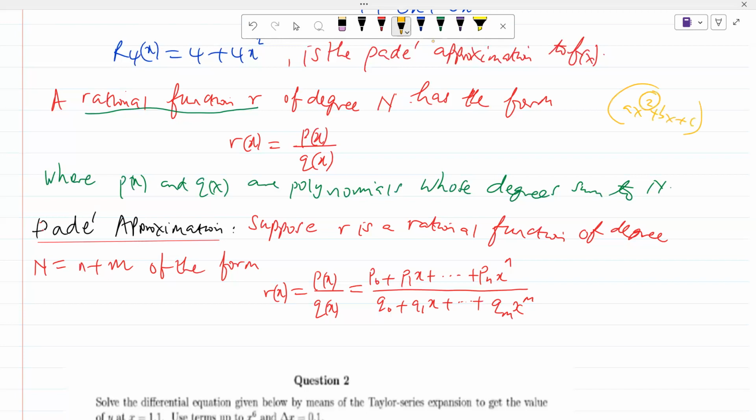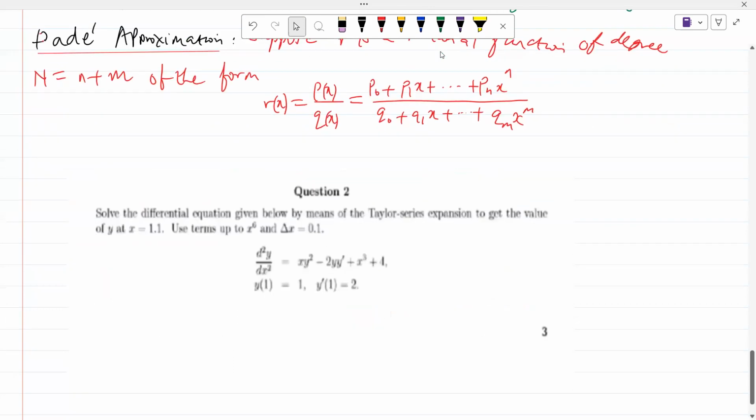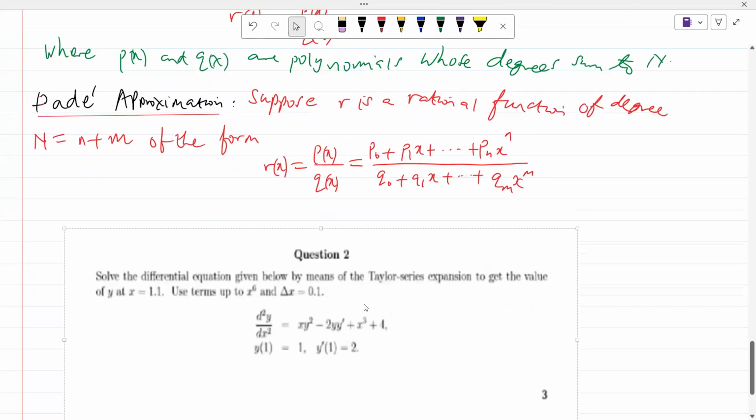But here, the degree of a rational function is n, the sum of the degrees. So suppose R is a rational function of degree N, where it's the sum of the small n and small m. That is the case.